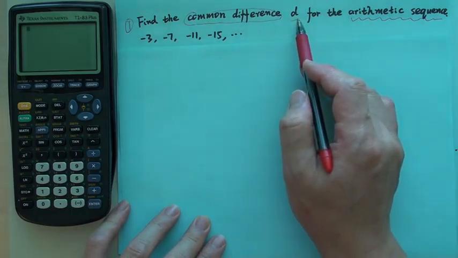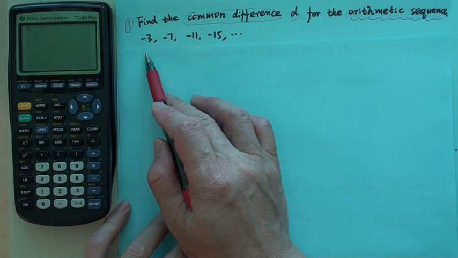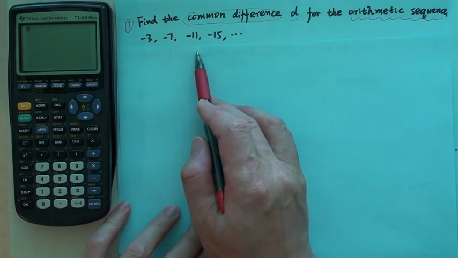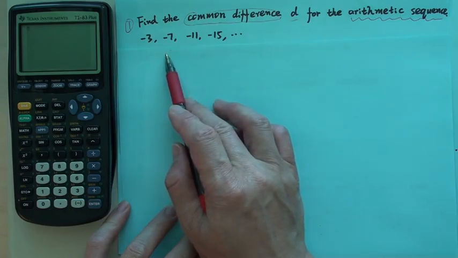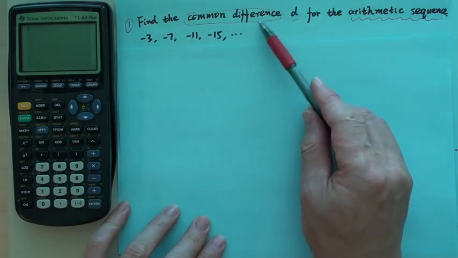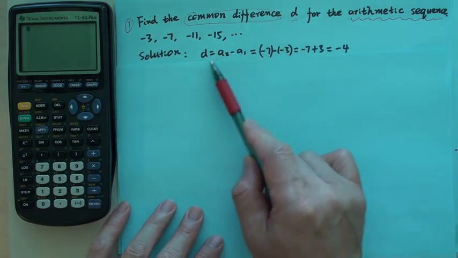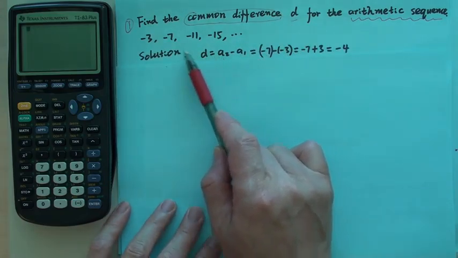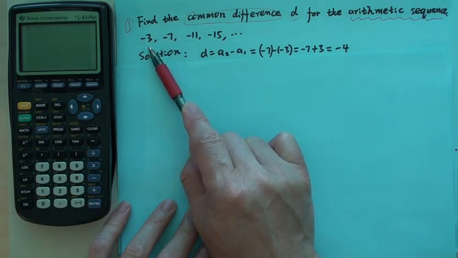Remember, d is always the second term minus the first term, or the following term minus the previous term. So d is always a2 minus a1.